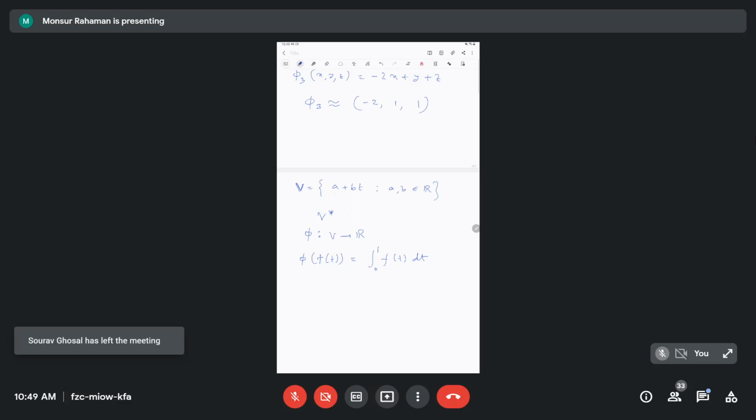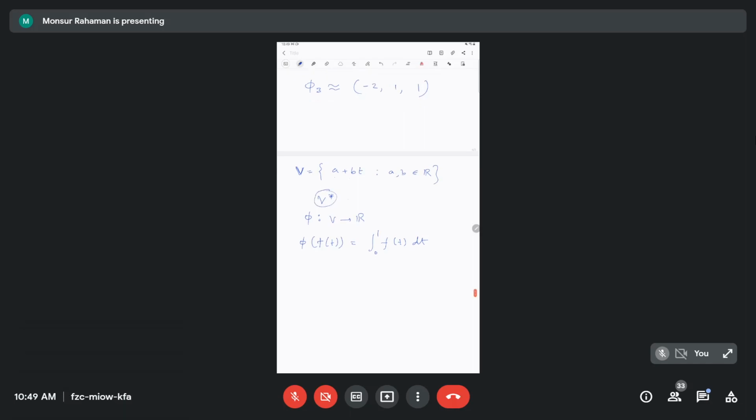This is a linear functional for this vector space. So now you need to find V star. So what will happen here? Suppose f of t at maximum can be a plus bt. This a and b can be varied.